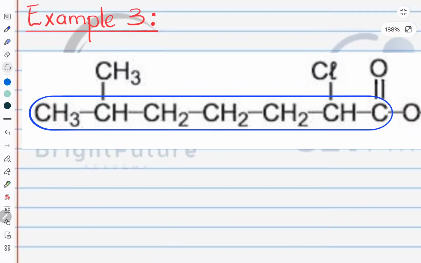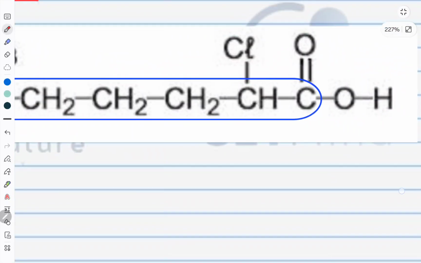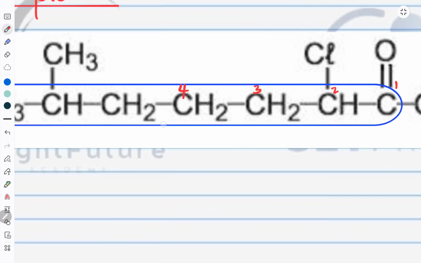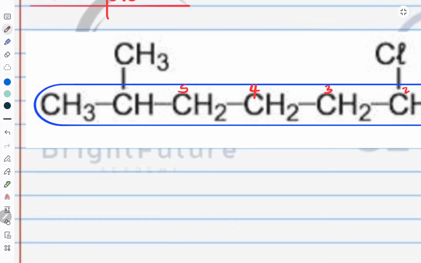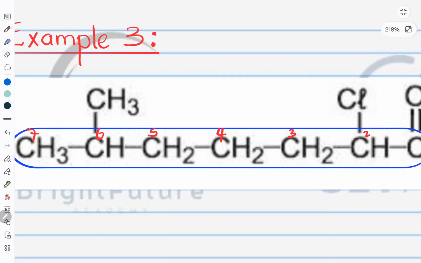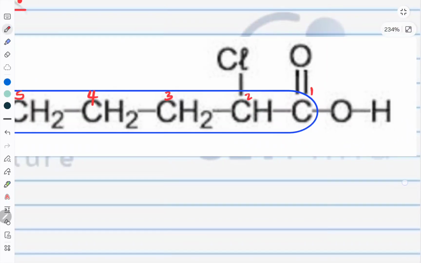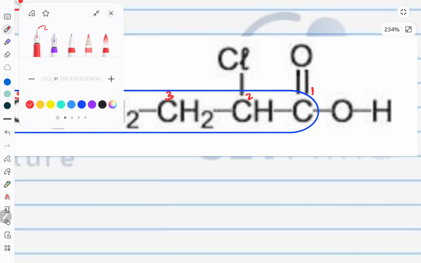So now we can start numbering. Remember, we always start from the carboxyl group. So we have 1, 2, 3, 4, 5, 6, and then 7. So there are 7 carbon atoms in my parent or main chain. And then now I notice that we have about 3 substituents, including the carboxyl group.